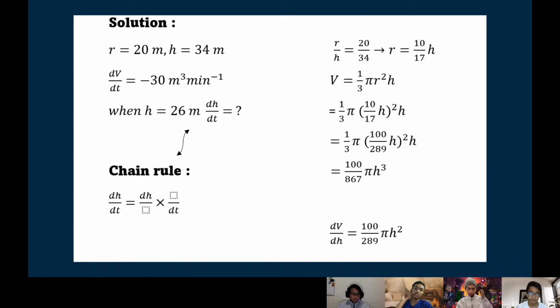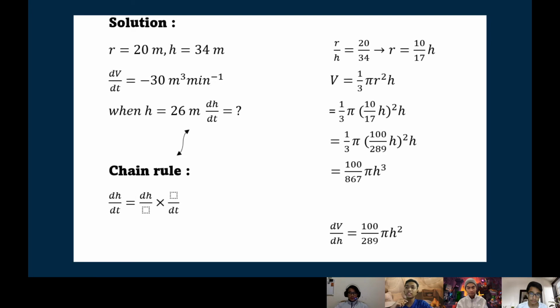The first one, we are going to use the radius over height, which is equal to 20 over 34. Why are we using R as the main variable, not H? Because the quantity that we need is dH over dV. That's why we are using R as the main instead of H. When we get R equal to 10 over 17 multiplied by H, we can set up the volume.